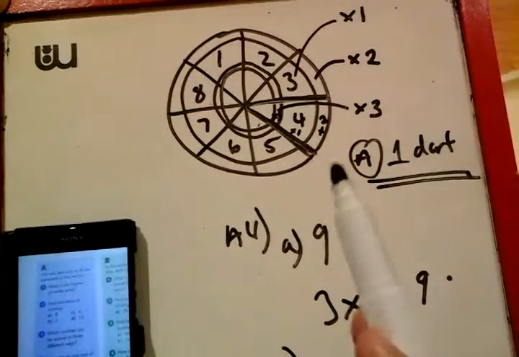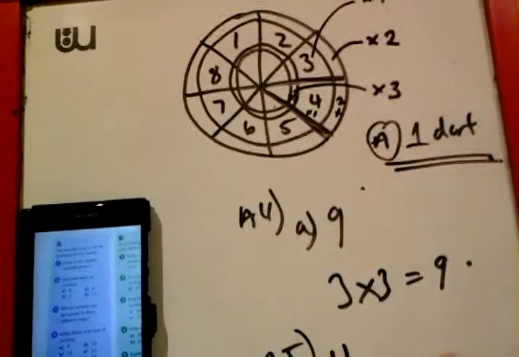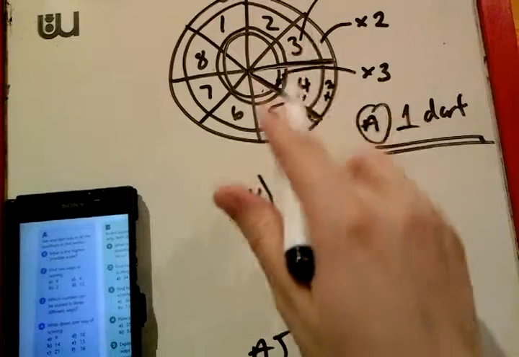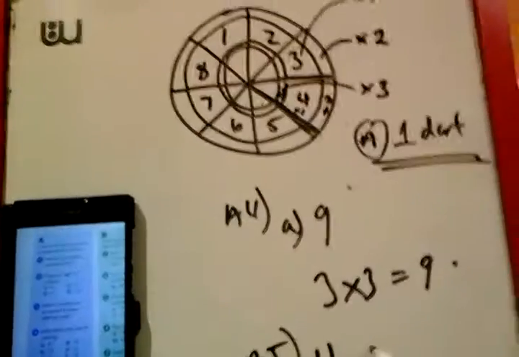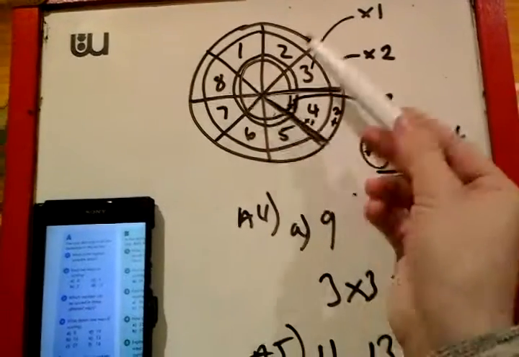I think you've got 11. You can do 10. Can you do 12? Yes, you can. 4 times 3 is 12. 13 you can't do. 14 you can do, 7 times 2.